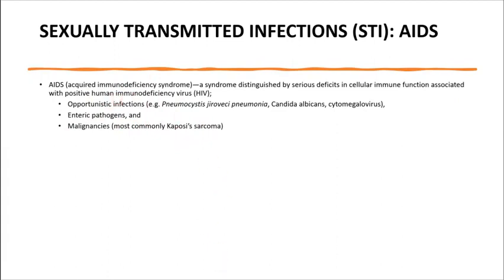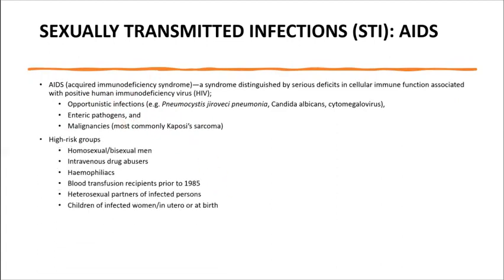So what are high-risk groups for AIDS? Homosexual or bisexual men, especially with multiple partners, intravenous drug users, hemophiliacs, especially through contaminated blood products. So what's hemophilia again? That disorder in which blood doesn't clot normally. Clients who received blood transfusions prior to 1985, they had high risk.